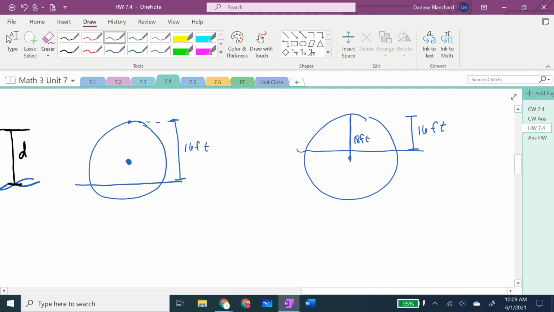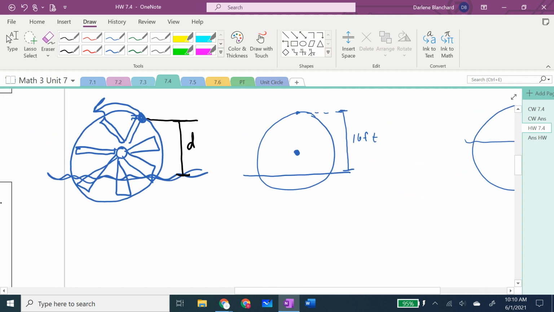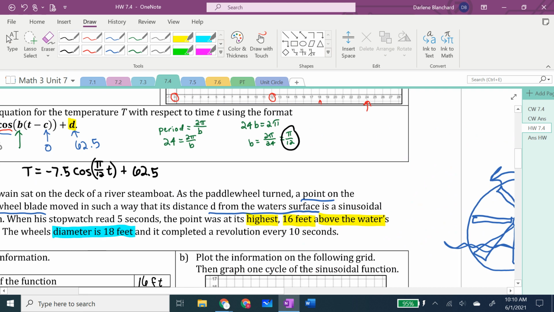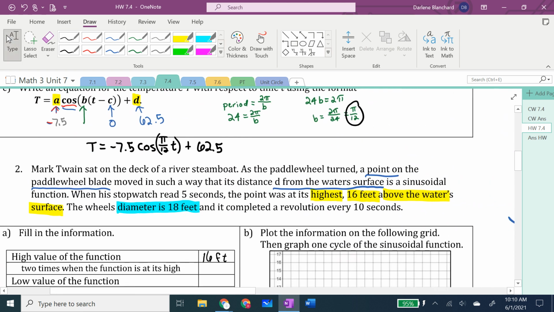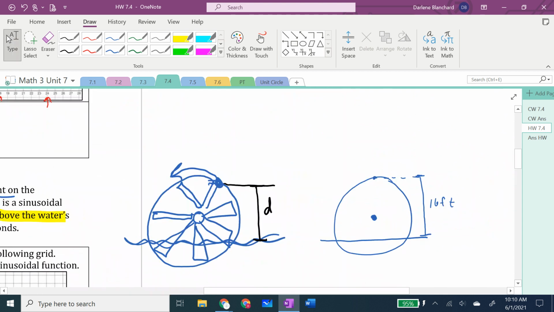So what does that mean is my midline point? Do you see that the midline point is -2? Diameter is 18, highest point 16.